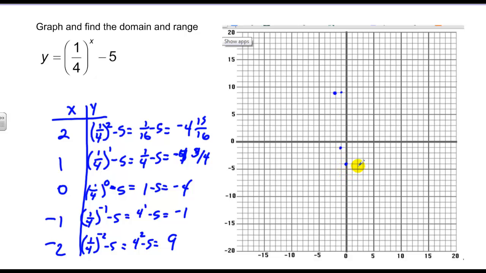I go to 1 and -4 3/4. And over to 2 and -4 and 15/16. So you'll see that my picture is very similar, except instead of rising, it drops.